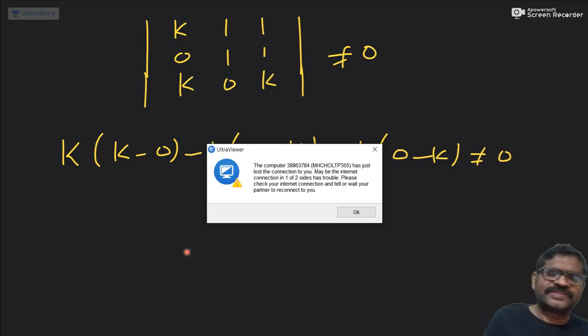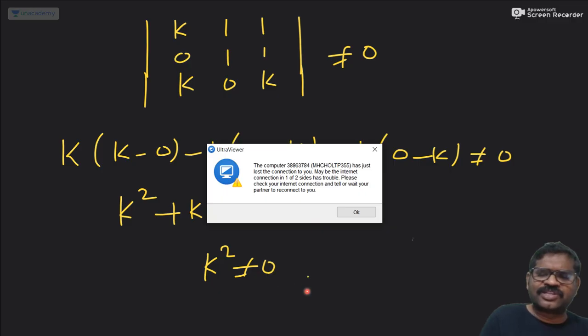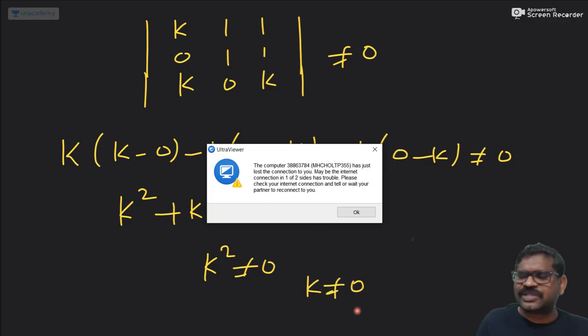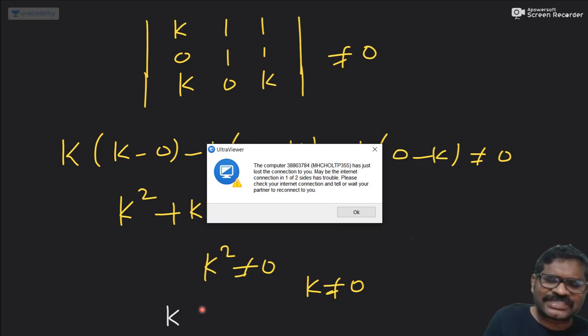That implies K square plus K minus K not equal to 0. K square must be non-zero. So K must be non-zero. So the set of vectors forms a basis when K is any real number except 0. So K must be the real number system minus 0.